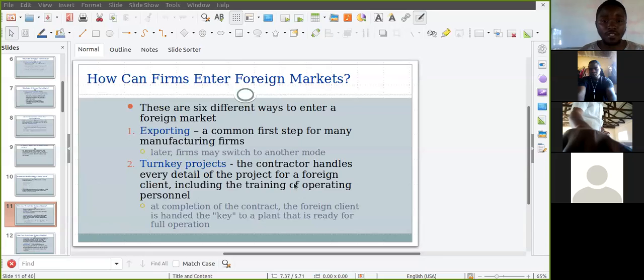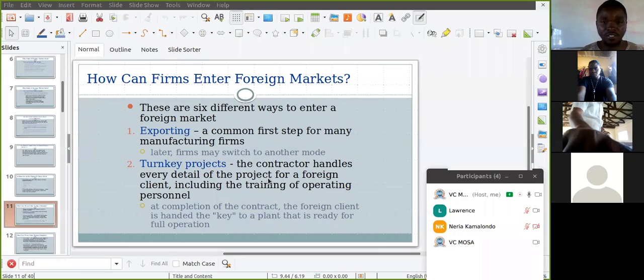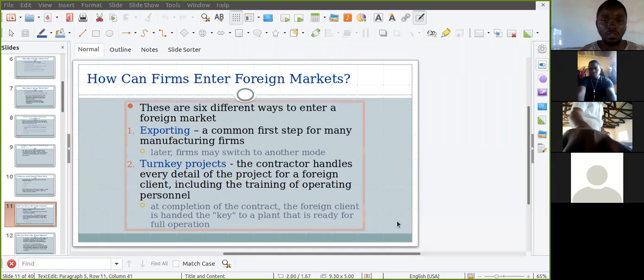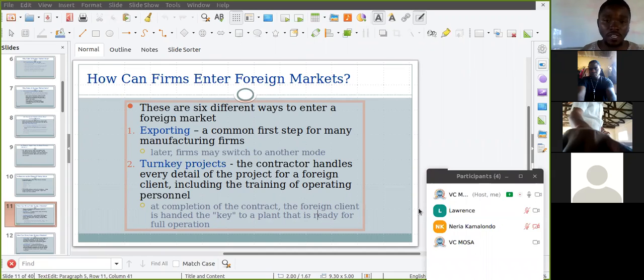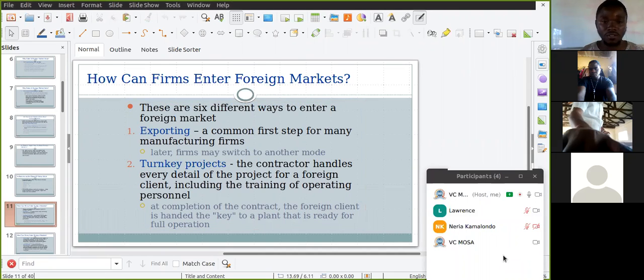So for example, the way the Chinese operate, if they are establishing themselves in Zambia, probably they would use local contractors. Those contractors will be able to source the human resource that is required. And by doing that, they'll train those people on behalf of the same foreign investors.